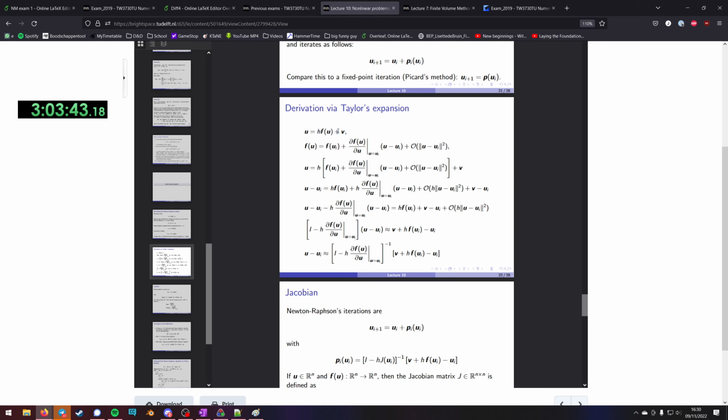So I'm just trying to understand. This is just the function at that point. This is the derivative of that function at that point times h plus some stuff. So we fill in this approximation, multiply h out of the brackets, subtract the ui.